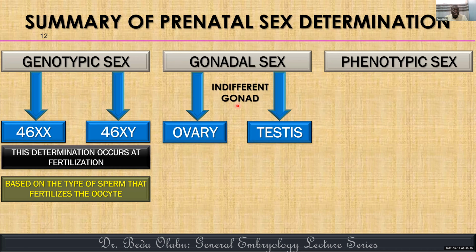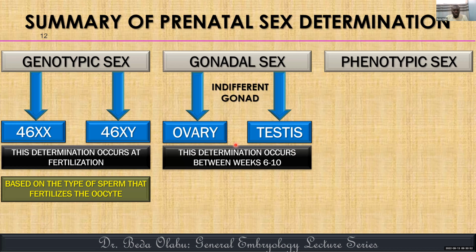The indifferent gonad can either become the testis, therefore we call that gonadally male, or it can become the ovary, then we call that gonadally female. The question is, what makes the indifferent gonad form the testis and not the ovary, or form the ovary and not the testis?